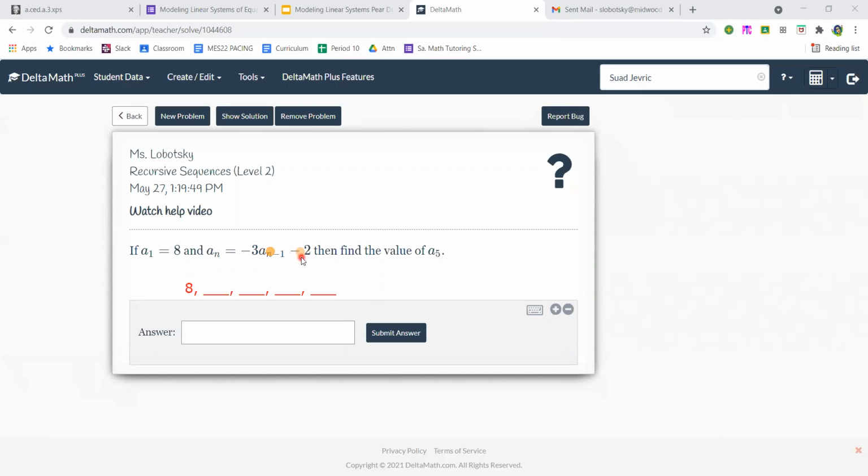If you want to double check with your calculator, that's totally fine. But -24 minus 2 is going to be -26. So now we have to do it again. We're going to take our previous term, now -26.